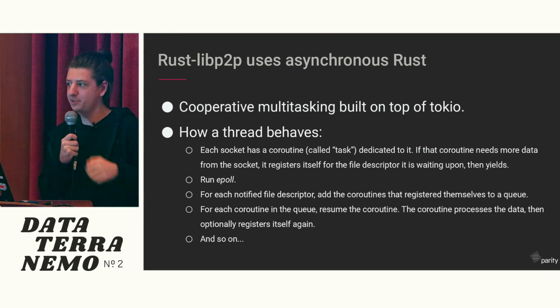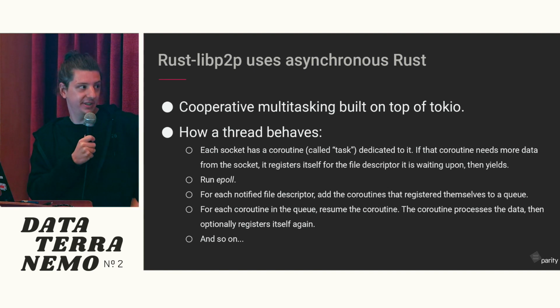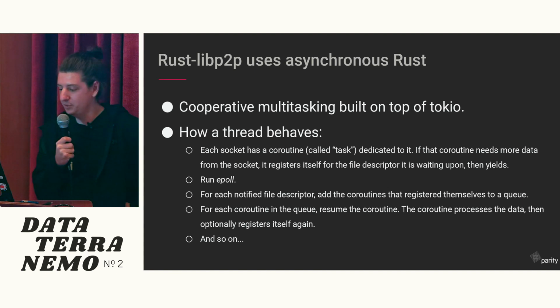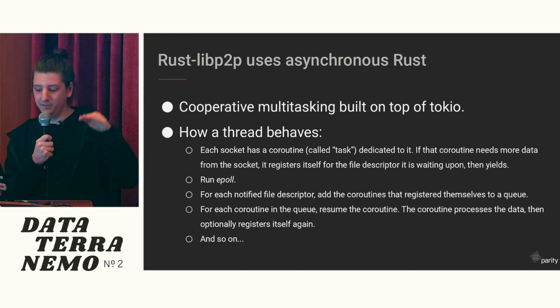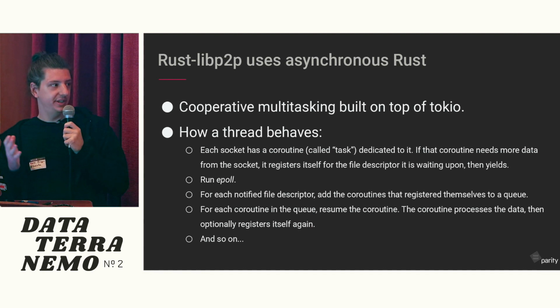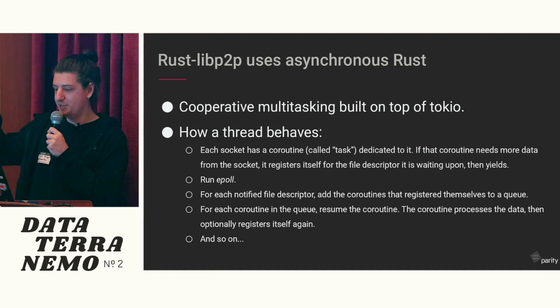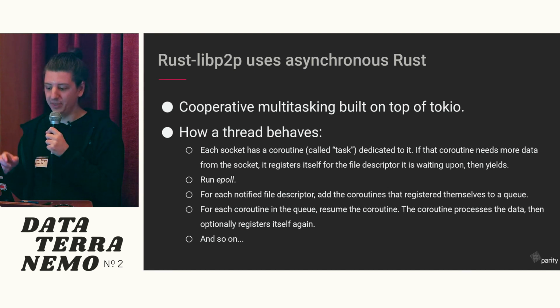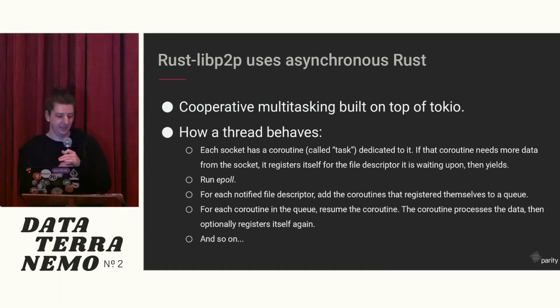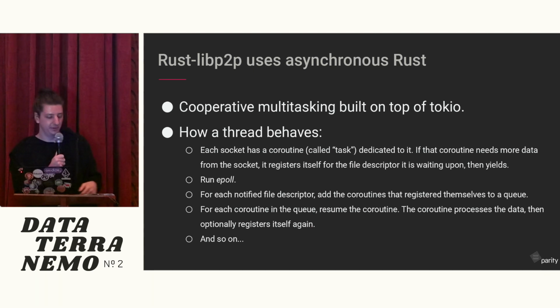If you know coroutines from JavaScript and Lua, a task and a coroutine are the same. So each socket has a coroutine dedicated to it. The data of the coroutine is on the heap. When the coroutine needs data from a socket, it registers itself, saying, hey, I need data from this socket. Then it yields, you go out of the coroutine.